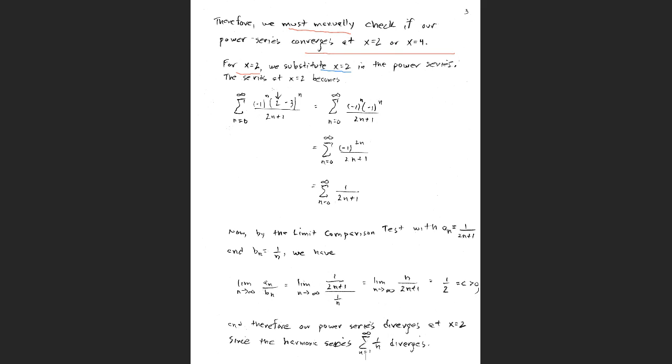Negative 1 to the nth times negative 1 to the nth, and the numerator here is negative 1 to the 2nth power. And 2n power, that is what kind of power? I'll give you a hint. Starts with an E. 2 times n for any n, no matter what n is, is going to be what kind of power?